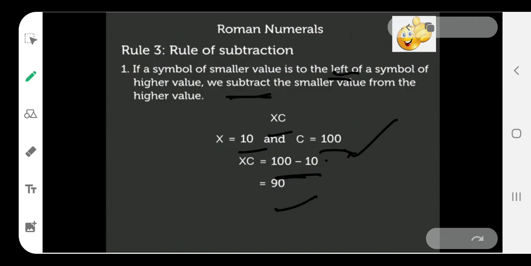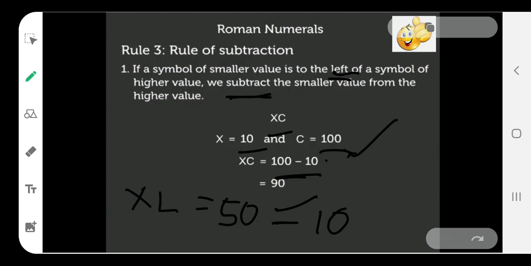Okay. Now suppose I give you one more example. It is XL. Now we know L is for 50 and X is for 10. So 50 minus 10 will be there.